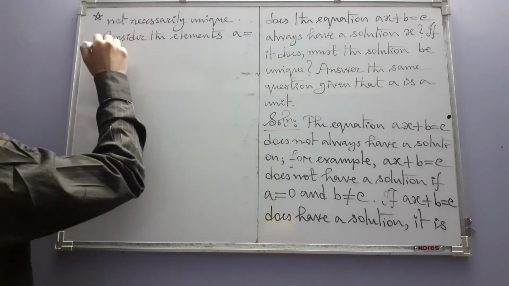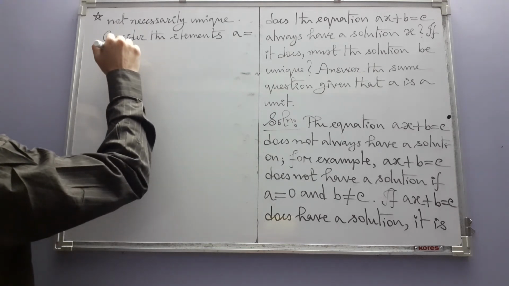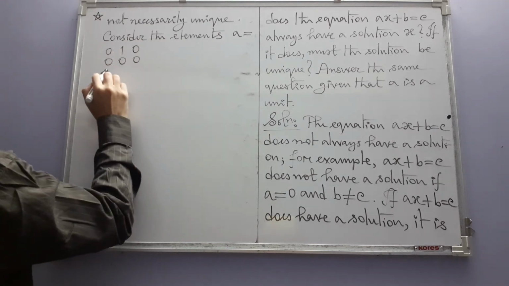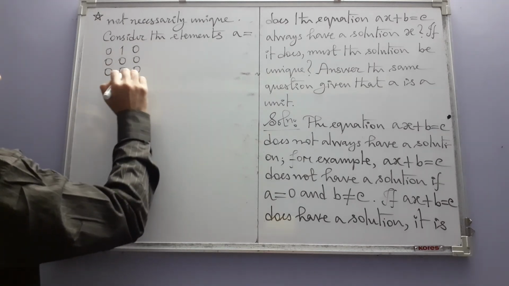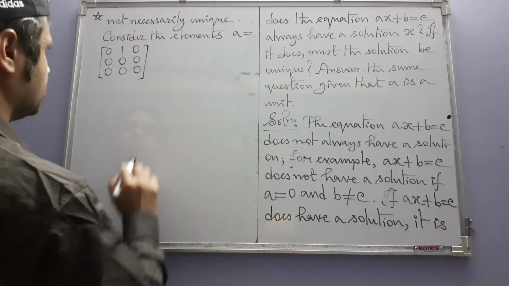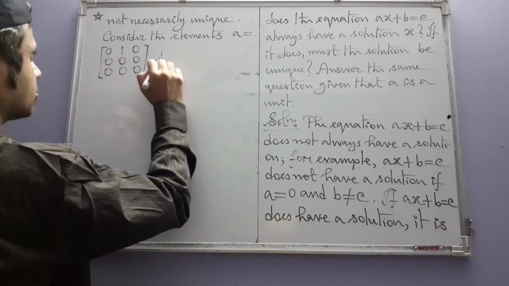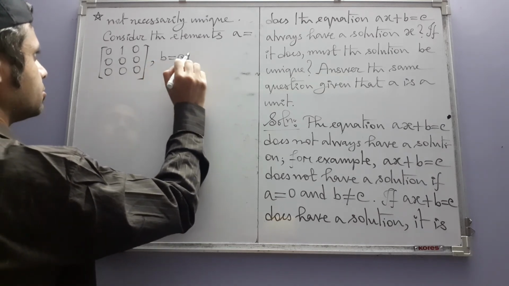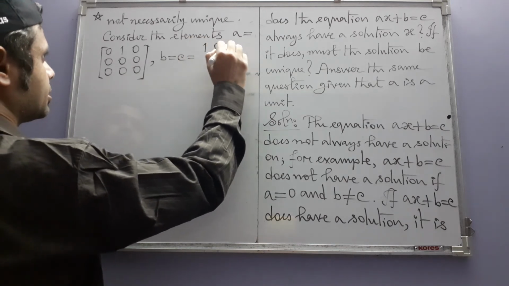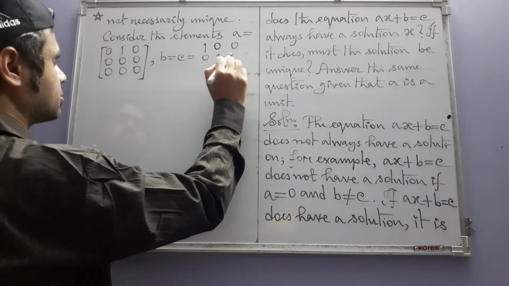So as A, I will take 0 1 0 0 0 0 0 0 0, this matrix, and B equal to C equal to, say, the 3 by 3 identity matrix.